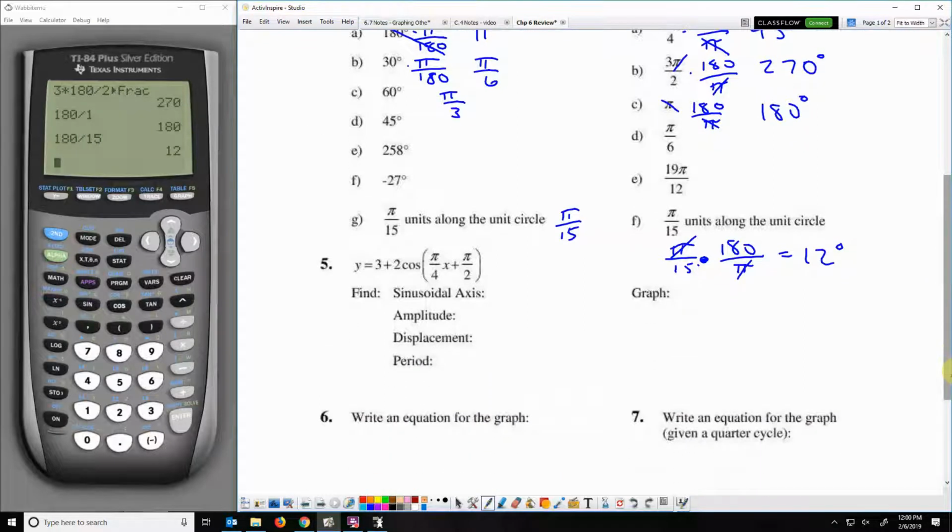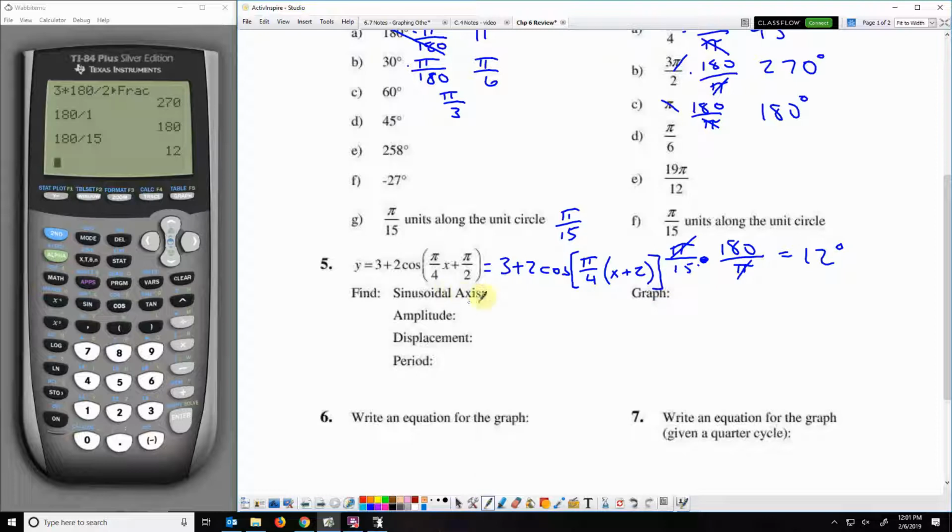All right, next we've got an equation that we want to graph on our test. We're going to have the factored form of this, so it's going to look like this. 3 plus 2 cosine, okay, and then that pi over 4 is factored out, and that's x plus, and the factored form is 2.